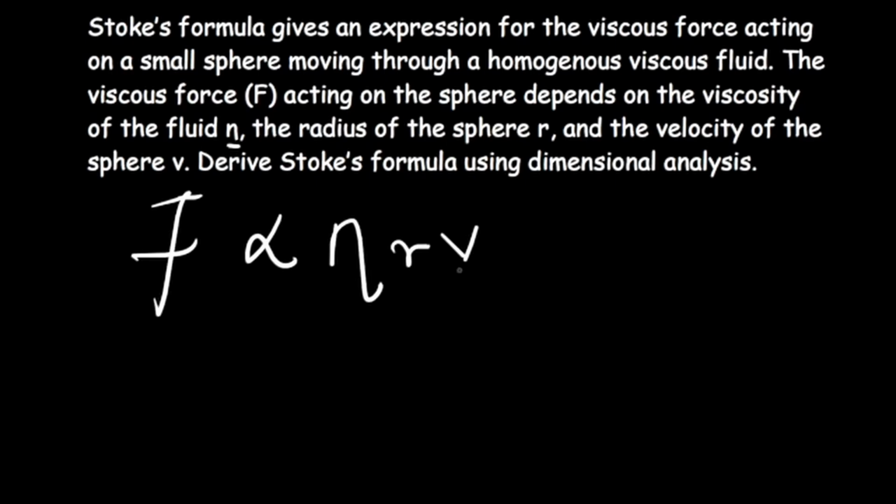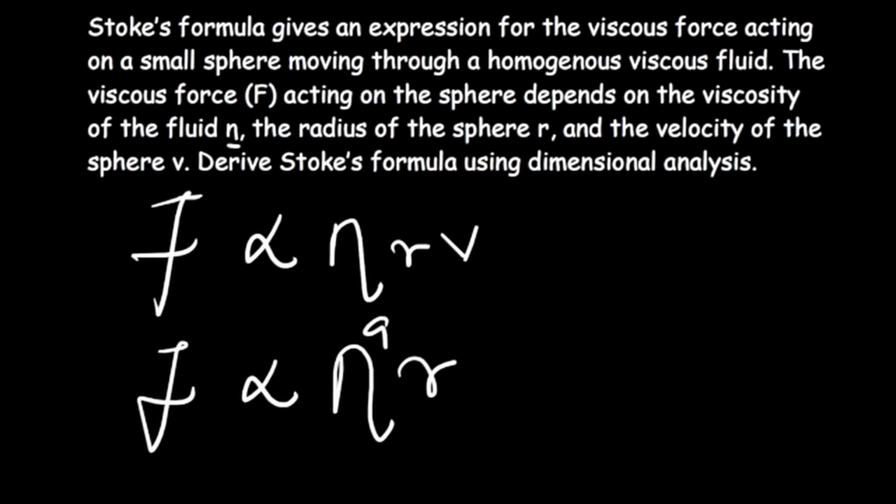In case you do not know how to solve simultaneous equations with 2 and 3 variables, I would advise you go through my channel. You'll find those videos and they're going to help you out. So we say F is proportional to eta to the power A, and for the radius, we use B. And lastly, for the velocity, we use C.